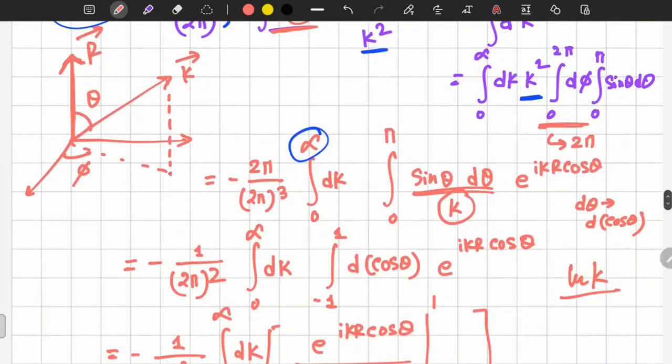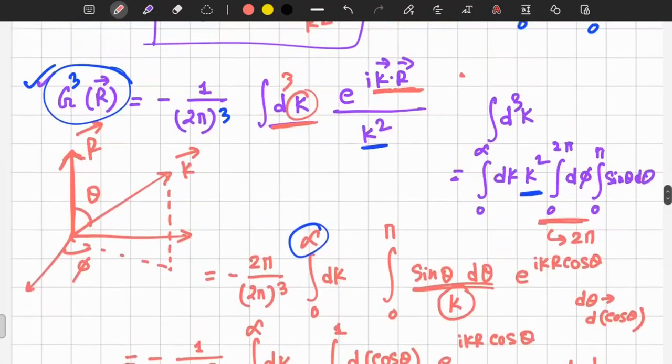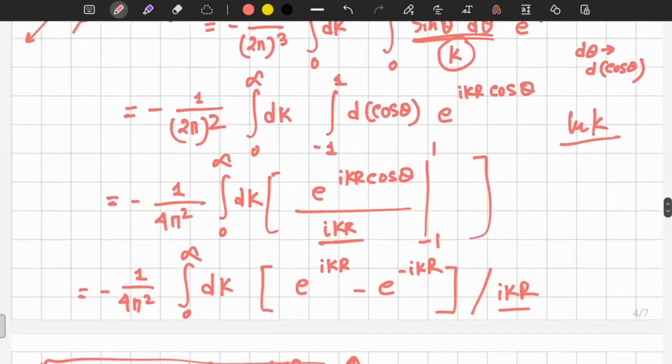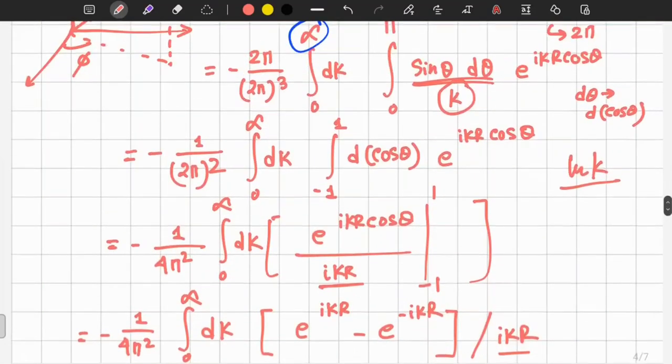I want to see the exact step. This integral we can't do in 2 dimensions. If 1 by k survives here, then go down. Below we have 1 by k here, and the k square will be here. So go down.